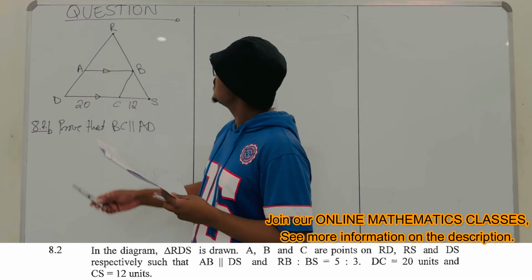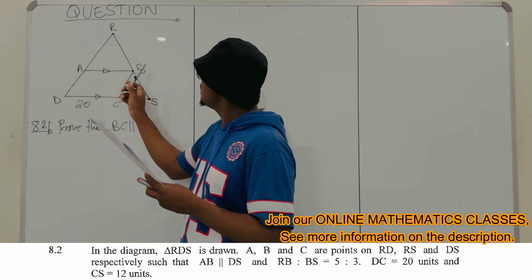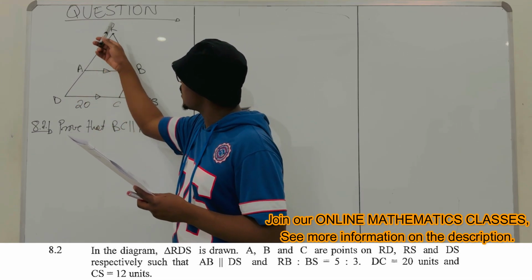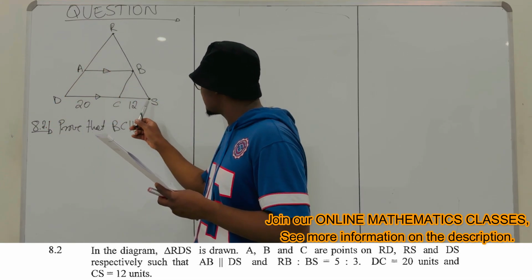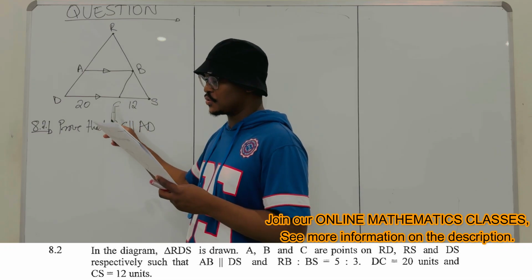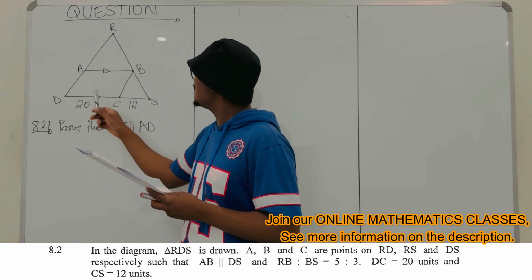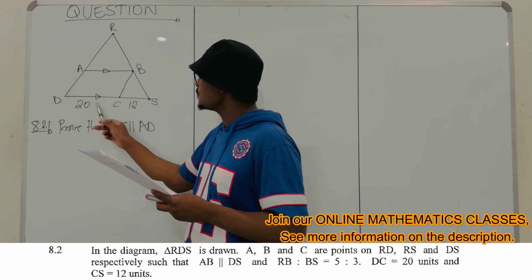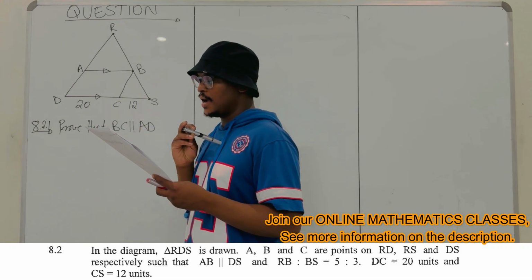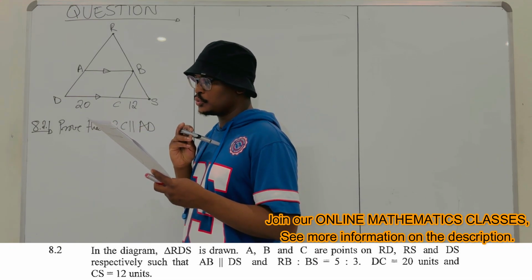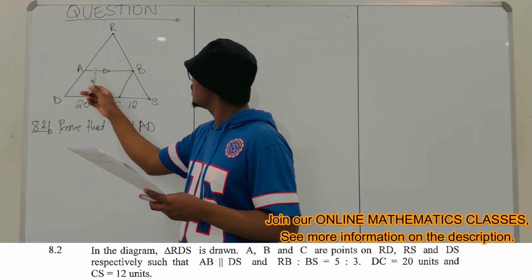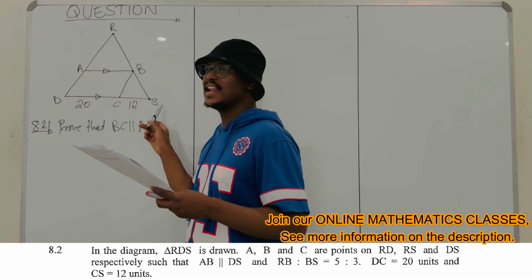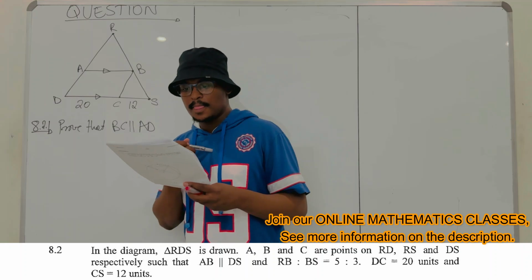A, B, and C are drawn on RD, RS, and DS, as you can see here, right? And that's telling you that this AB of yours is parallel to DS, which is this entire length here. That's what they are saying.